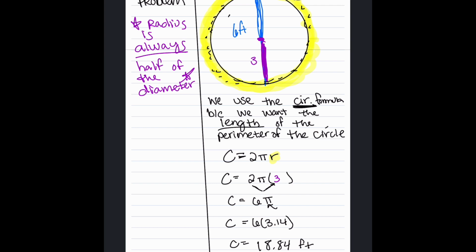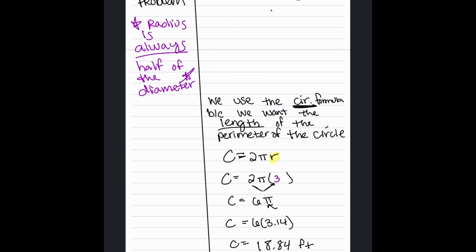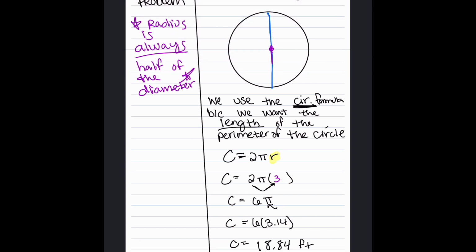So basically what we figured out, I know it's kind of a lot. Let me get rid of all of this mess. We had a jacuzzi, and the jacuzzi was 6 feet wide, which meant that the radius of that jacuzzi, from the center to the outside, was half of that, which is only 3.